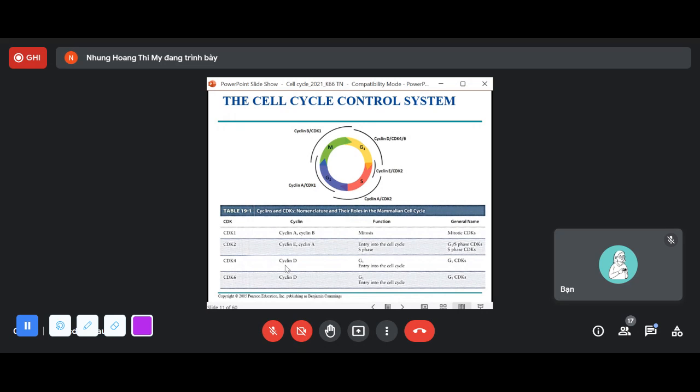CDK4 binds to cyclin D and controls the cell activity in G1 phase. CDK6 also goes with cyclin D, and together with CDK4 cyclin D, they control the cell in the G1 phase. So those are the four classes of cyclin and CDK, and together they control the cell through the whole cell cycle.